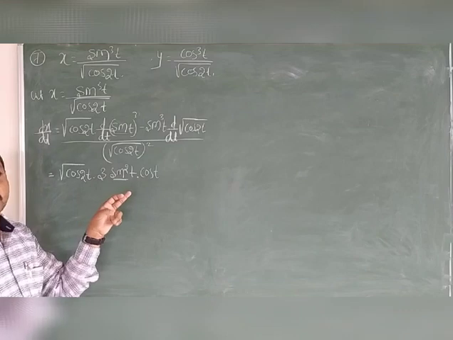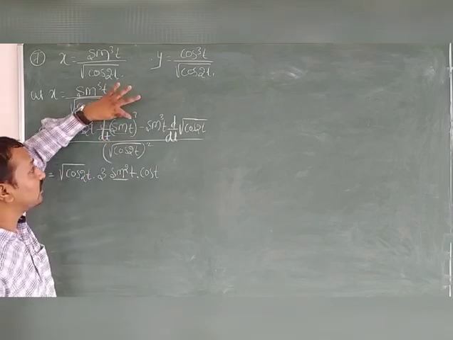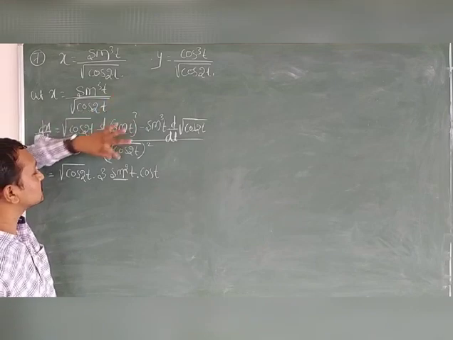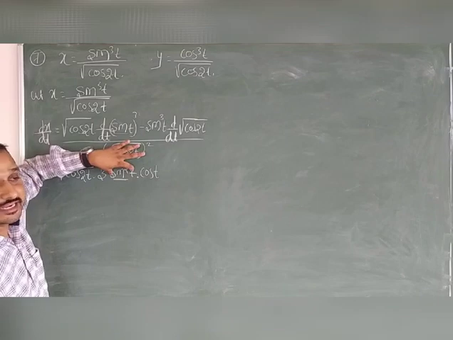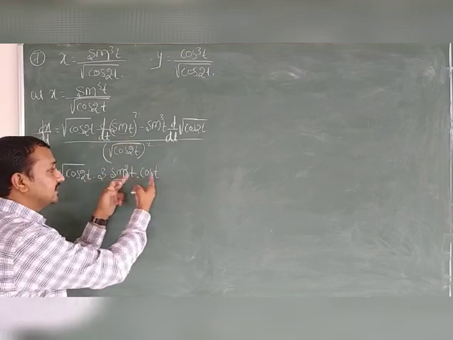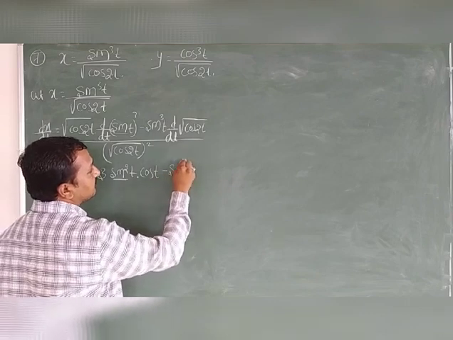It is d by dt of sin t whole cube, of the form t cube. The derivative of t cube is 3t square, where instead of t we have sin t. Again differentiate this term, the derivative of sin t is cos t. Minus sin cube t term keep as it is.